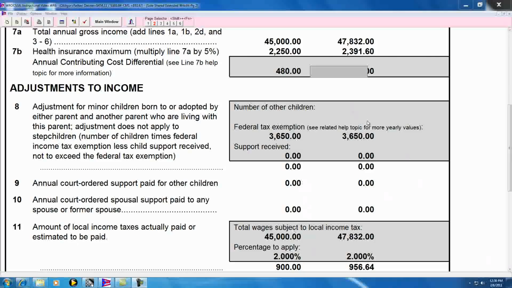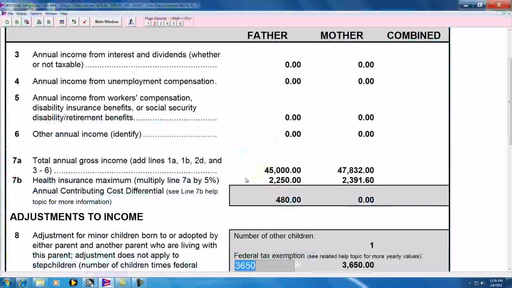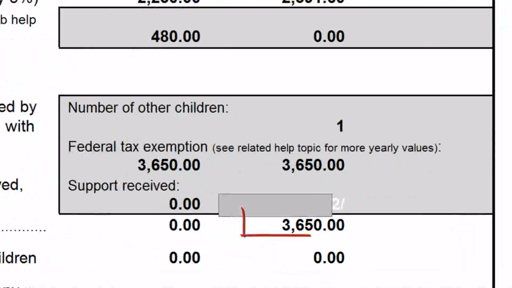Here's an example. Assume one child living with the parties is the mother's from a prior marriage, so a 1 is entered in the first field of the gray box. The 2010 federal dependency exemption is $3,650. So if you scroll down to the bottom of the gray box at this point, you'll see that the amount of $3,650 is on line 8 below the gray box.